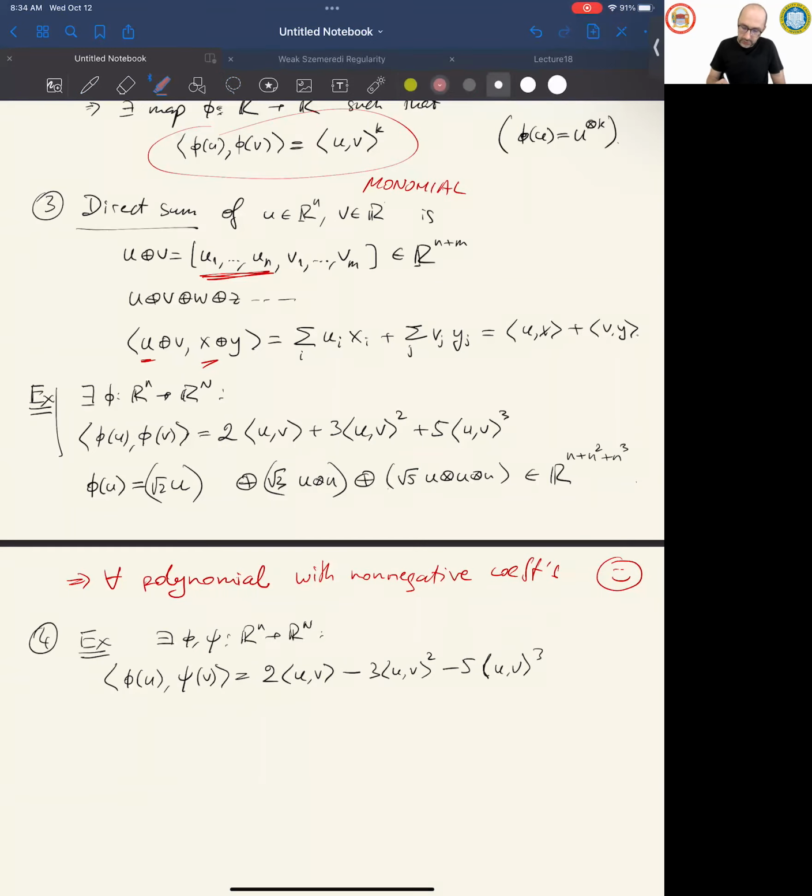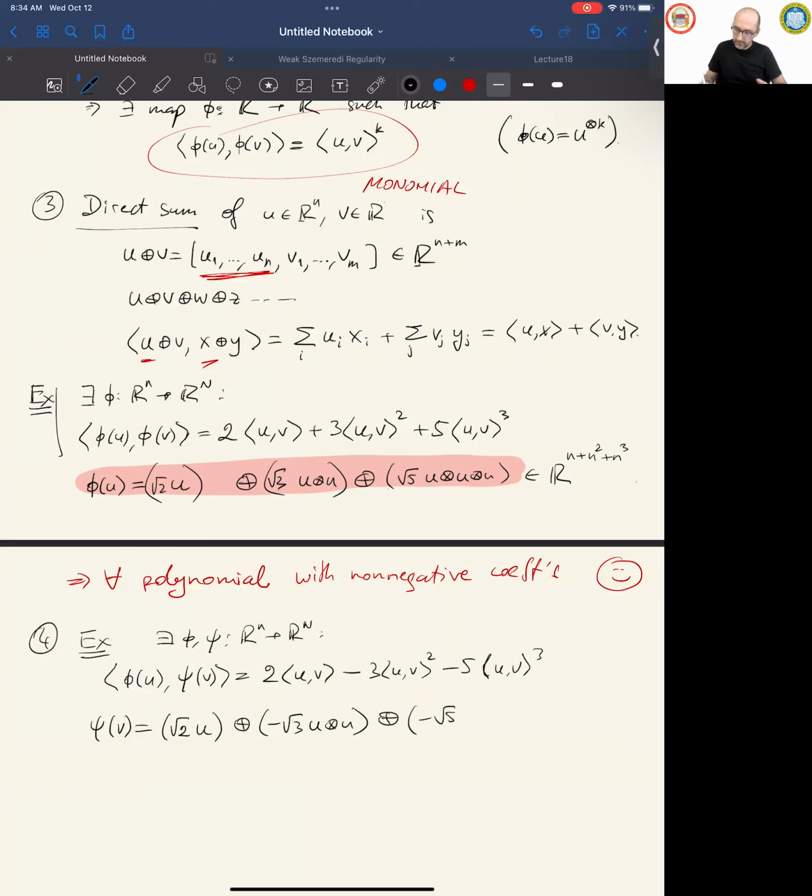So this we can do, right? We can leave phi the same, just like that. And for psi, we can just put the negative signs where they are needed. They are needed for -√3, and they are needed for -√5.